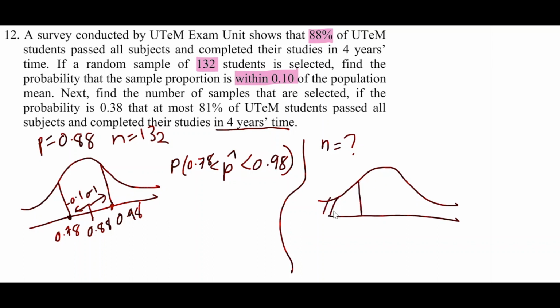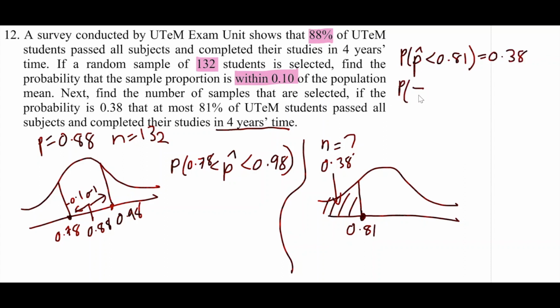Probability is 0.38. This value here is 0.81. So in order to solve this question, to find the value of N, I would rewrite the question as P hat less than 0.81 equals 0.38.